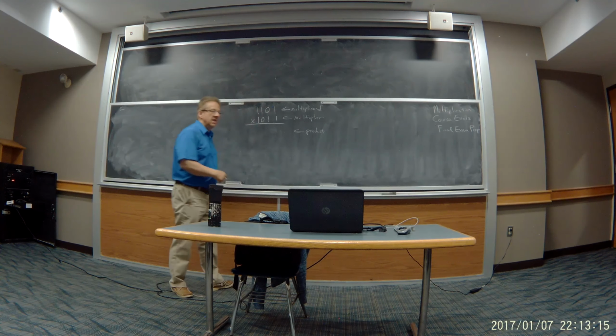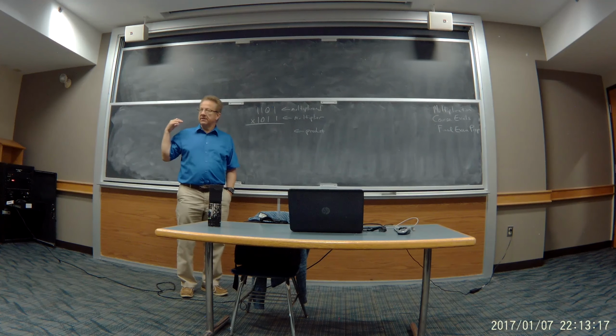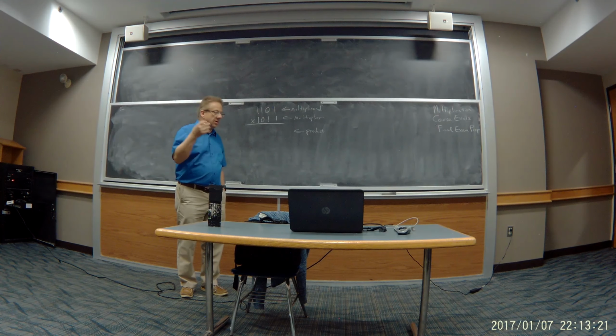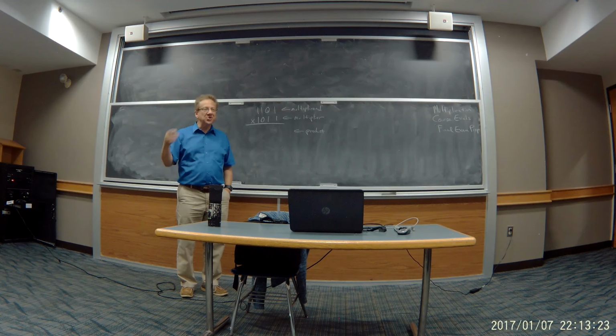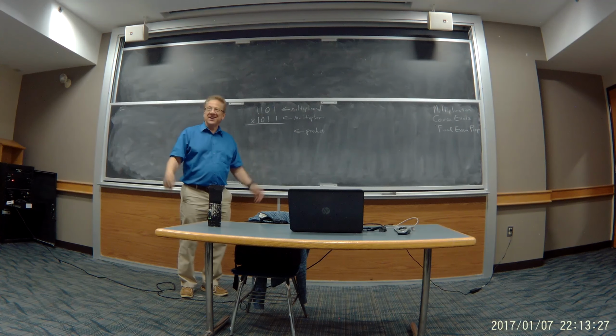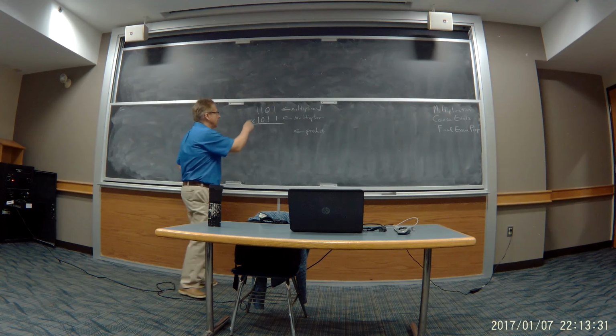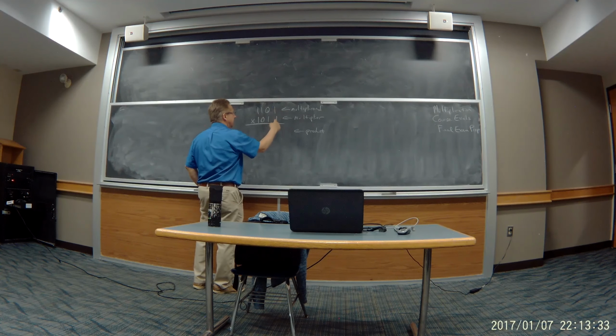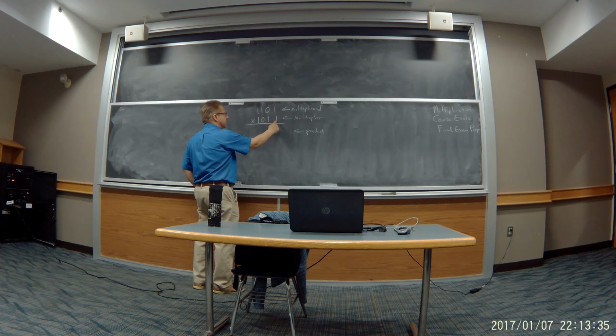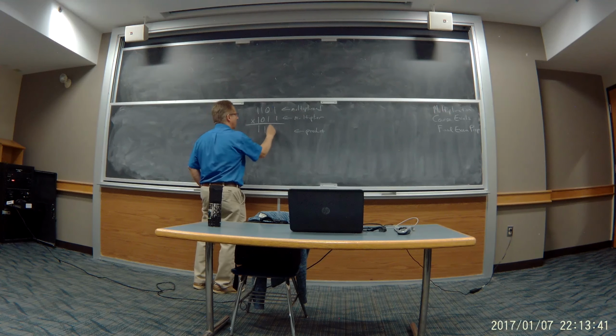So if we do it the same way we learned to do it, maybe this generation, the way you learn to do it is you just enter it on the calculator. But in terms of doing multiplication the old-fashioned way, we take the multiplicand, and we first multiply it by the least significant digit in the multiplier. So 1101 times 1 is 1101.